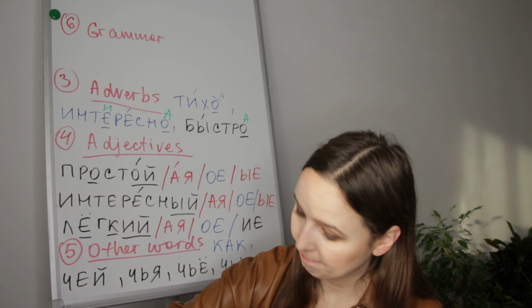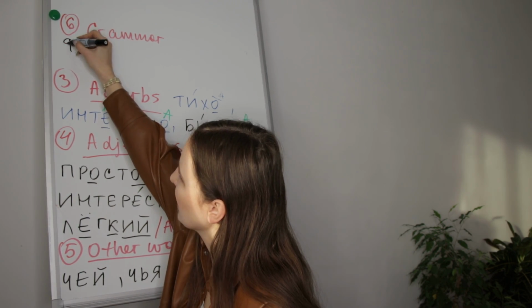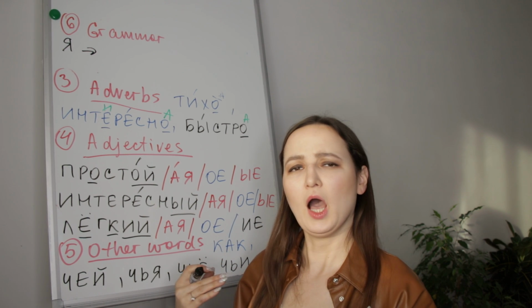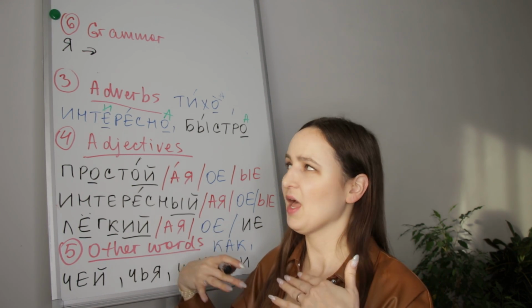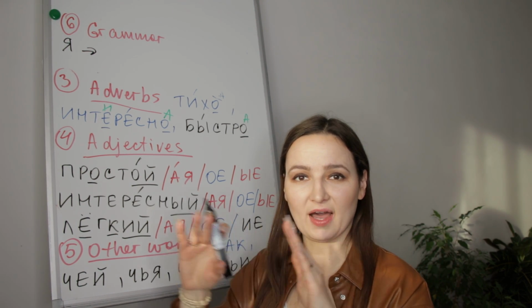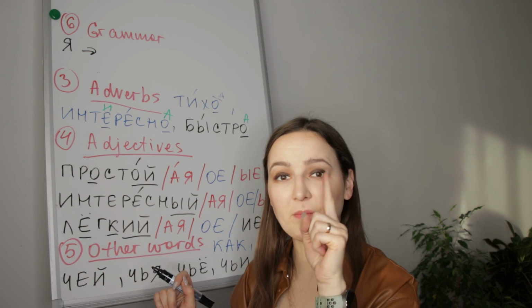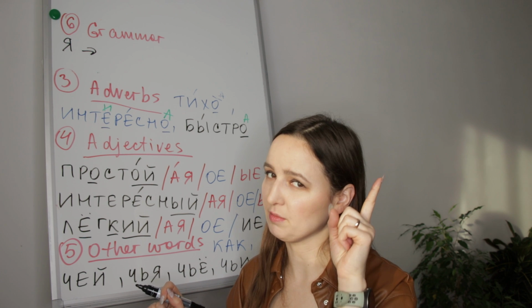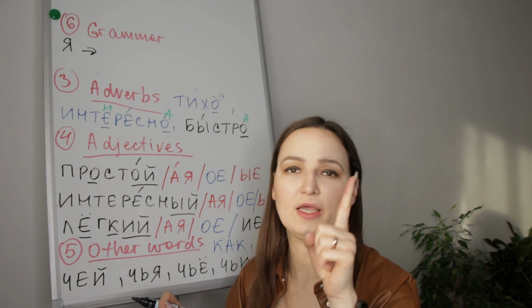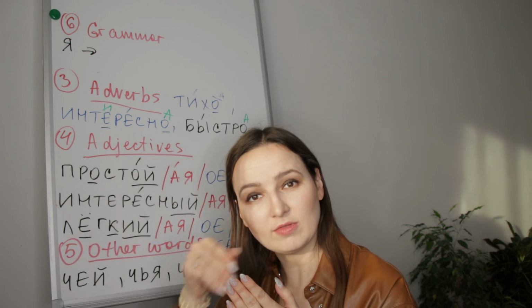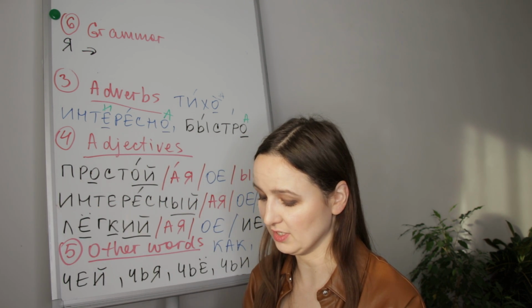Я is I am or me. How to say my? Again, in English it's only one my. In Russian it will be my in feminine, my in masculine, my in neuter, my in plural. It will depend on the noun that will follow after it.